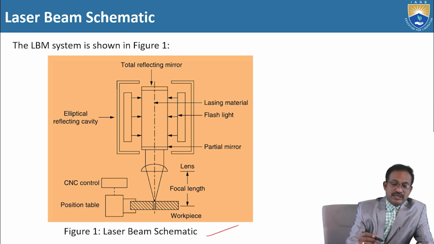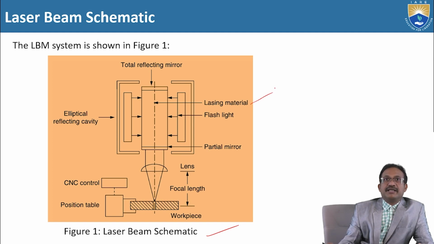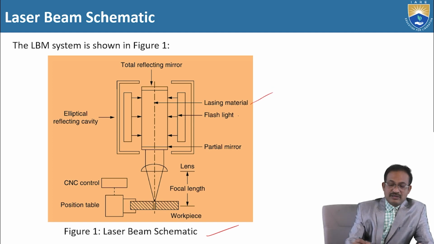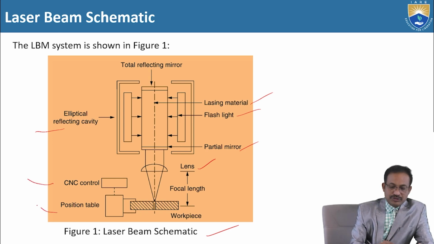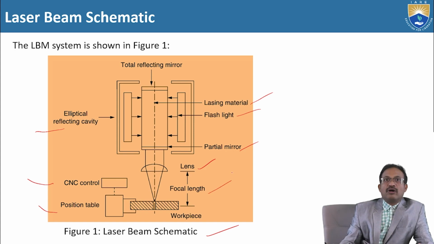Here we have the total reflecting mirror, the laser material, the flashlight, the elliptical reflecting cavity, the partial mirror, the lens, and the CNC control. This is the position table, this is the focal length, and the workpiece.